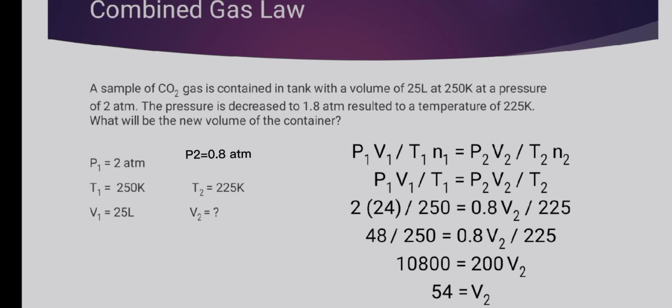Multiply P1 V1, 2 times 24, so we have 48 over 250, and then also P2 V2, we have 0.8 V2 over 225. Cross multiply 48 and 225, we have 10,800, and also 250 times 0.8, we have 200 V2. So divide 10,800 by 200, we have 54 as the new volume of the container. Now that is the combined gas law.